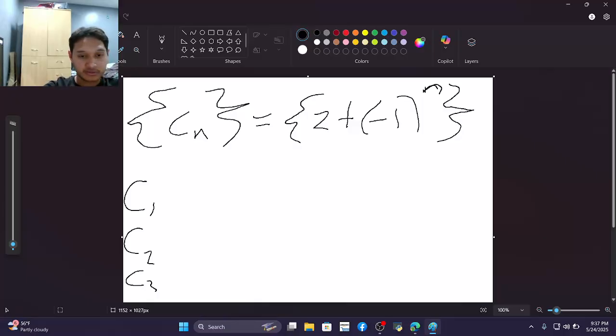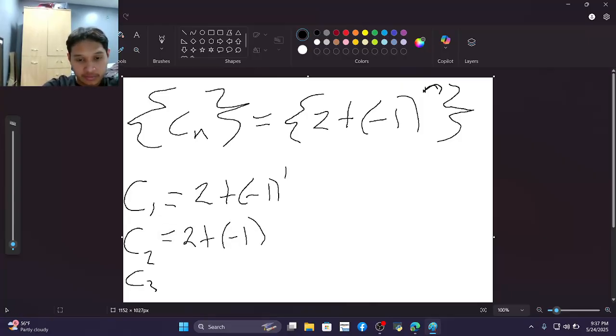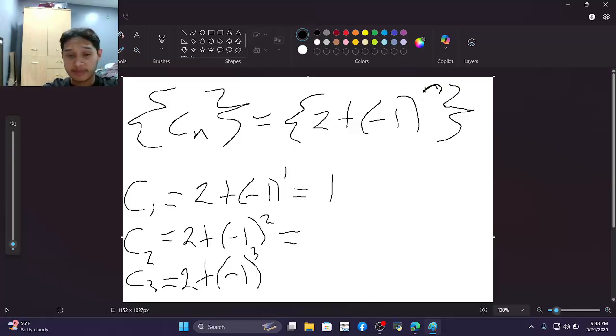So this will be 2 plus minus 1 to the 1 power, 2 plus or minus 1 to the second power, 2 plus minus 1 to the third power. This will be equal to 1. This will be equal to, now if you square a negative number, it will be positive, so it will be 3.